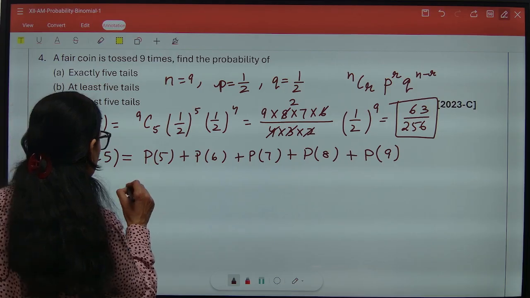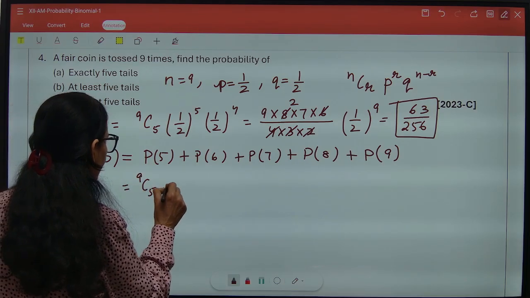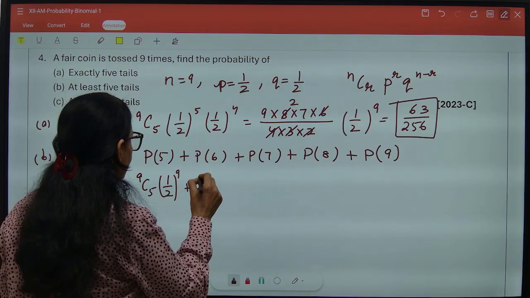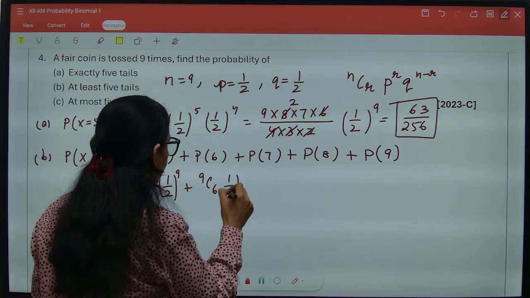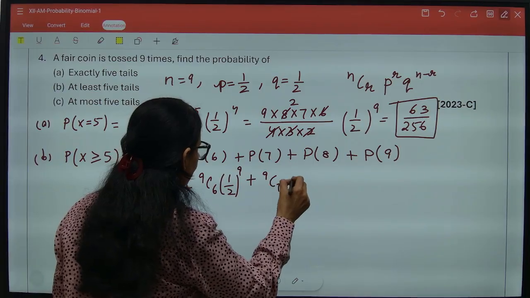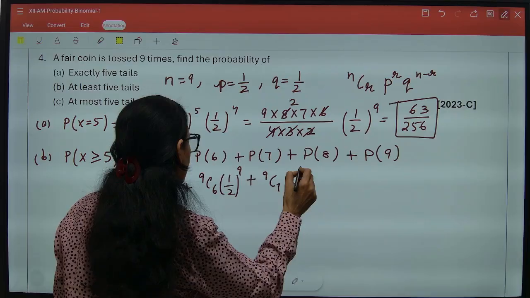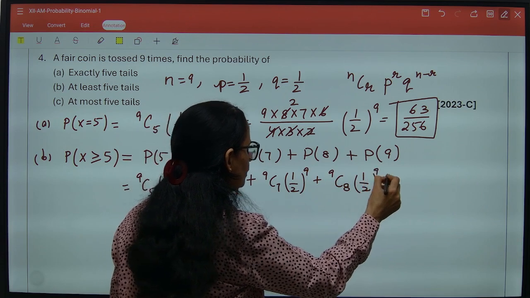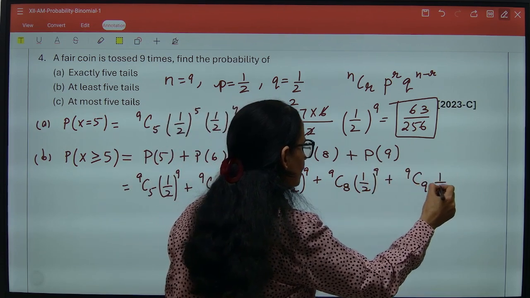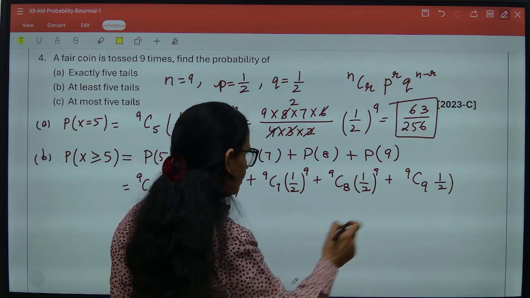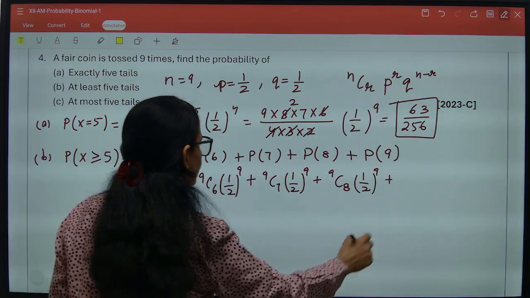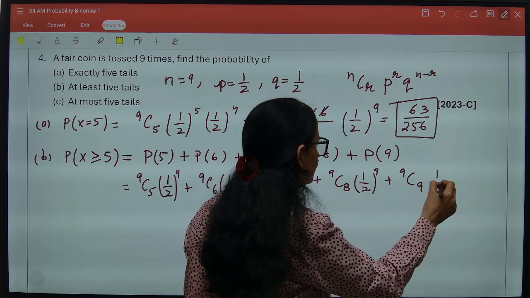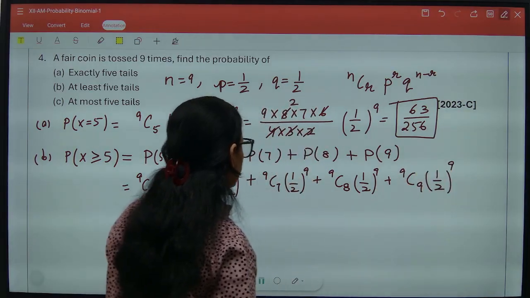So let's do it further. It is going to be 9C5, (1/2) to the power 9. I'm straight away writing half to the power n now. Plus 9C6, half to the power 9, plus 9C7, half to the power 9, plus 9C8, half to the power 9, plus 9C9, half to the power 9.